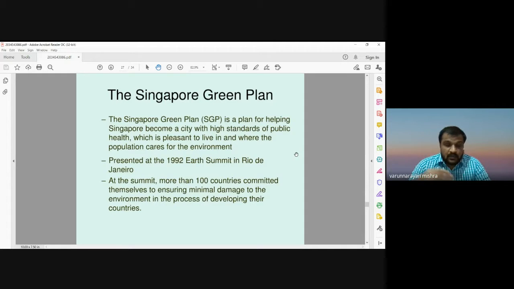We have to ensure minimum utilization of the environment in the process of the development of the city or the country. This is the main idea behind sustainable development.